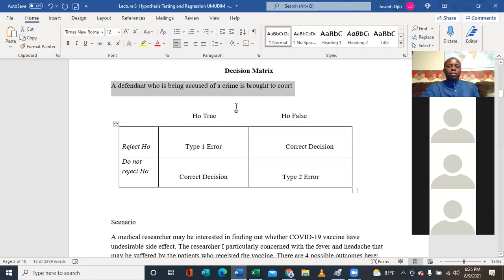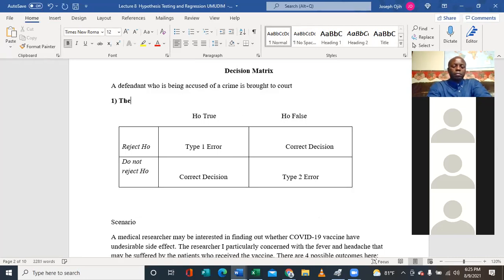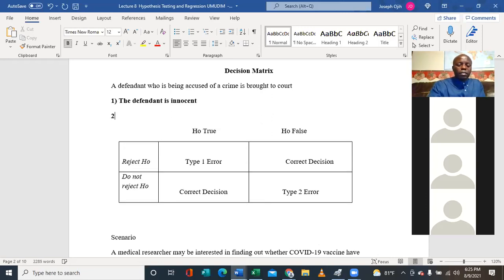So for example, now there are 4 possibilities here. The defendant is innocent, or is not guilty. The defendant is guilty.